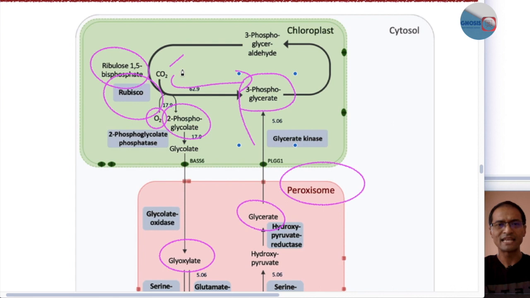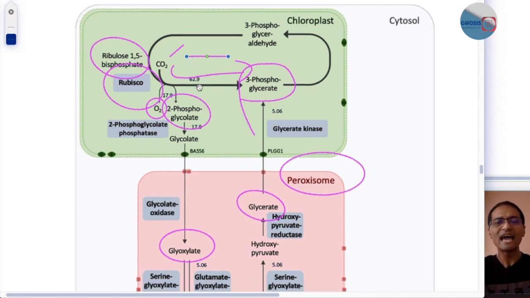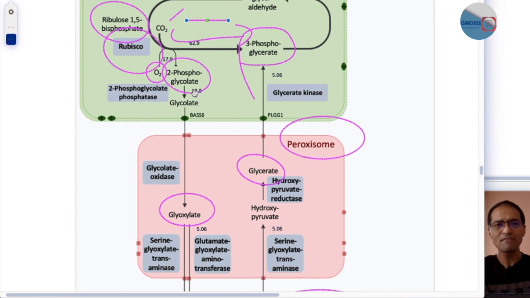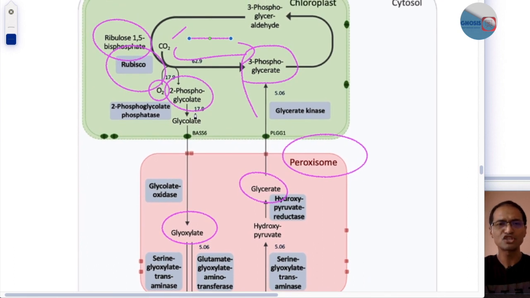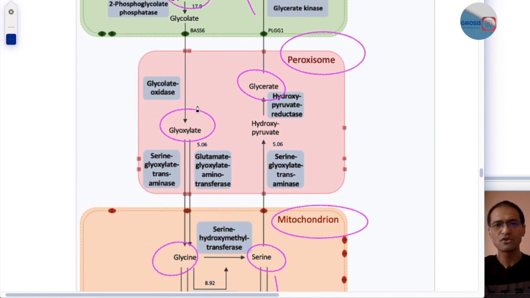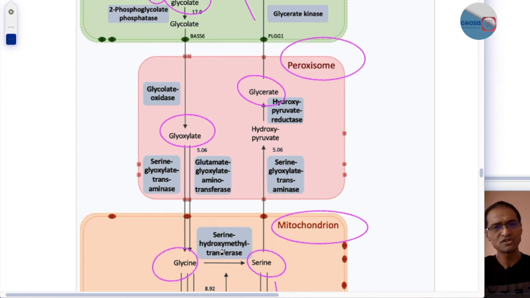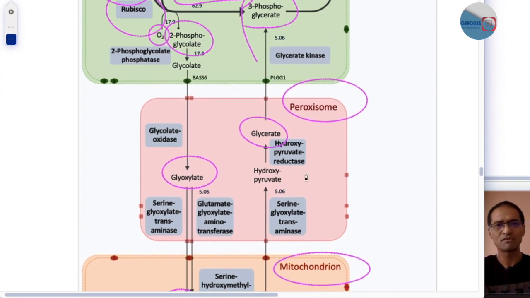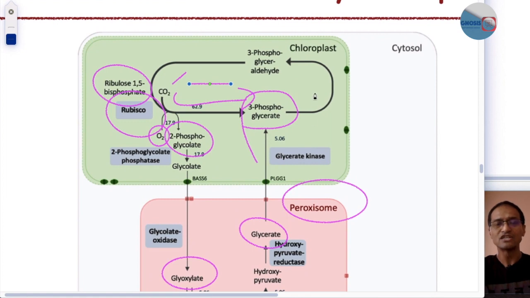So what we can see is that instead of the plant getting 3-phosphoglycerate directly from binding of carbon dioxide, it has to undergo a lengthy process wherein compounds are shuttled back and forth from the chloroplast to the peroxisome, from the peroxisome to the mitochondria, from the mitochondria back to the peroxisome, and then finally to the chloroplast, to give you the same 3-phosphoglycerate, which then can be utilized in the carbon cycle.